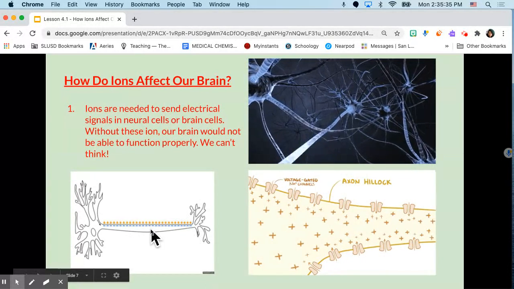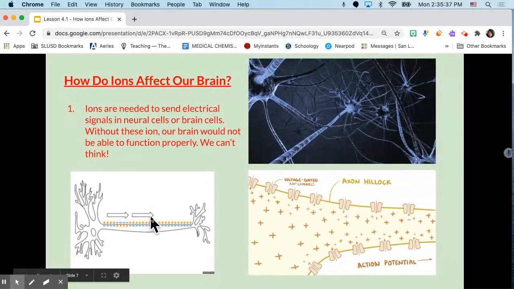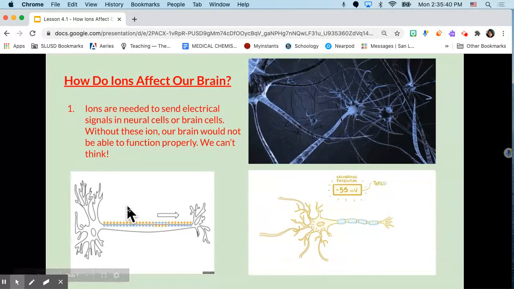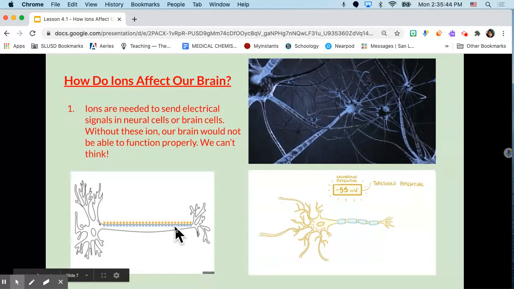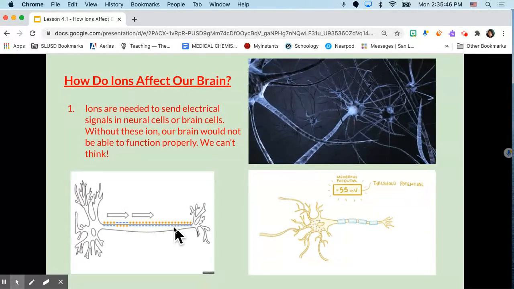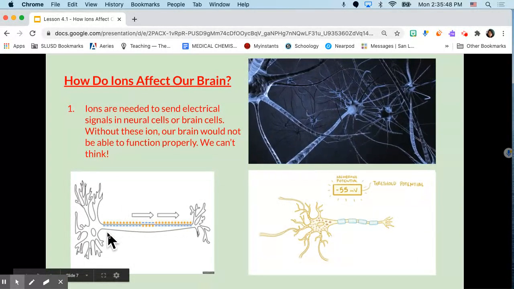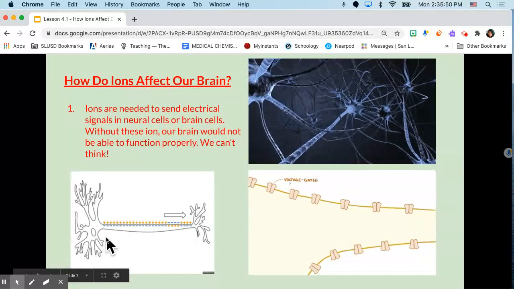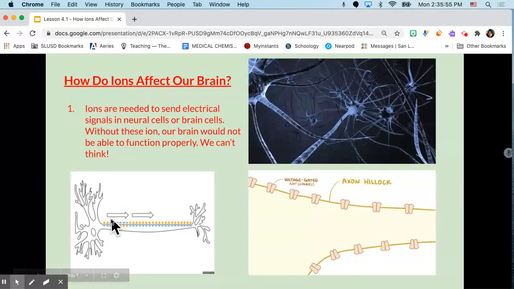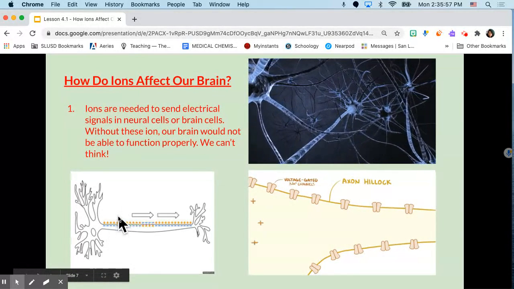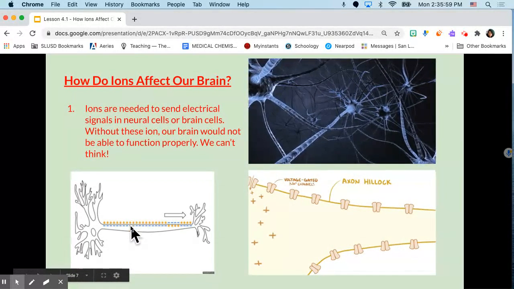When your brain is at rest, all these positively charged ions are on the outside, and all these negatively charged ions are on the inside. But the moment you think or the moment you need to do something, the flow of these ions will switch from inside of the cell to the outside of the cell.